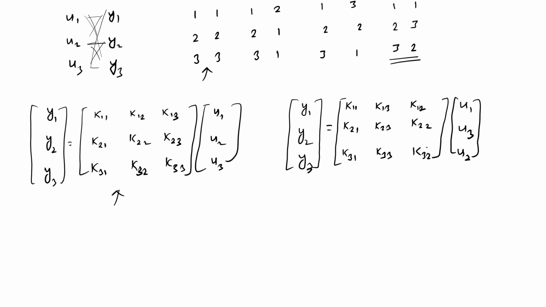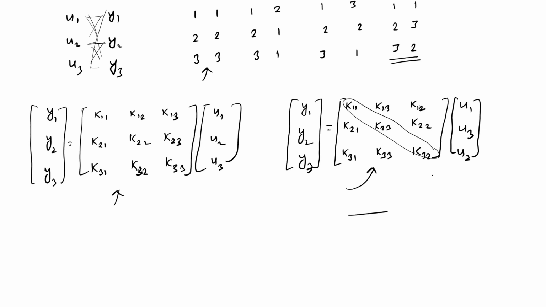Now the Niederlinsky index would be the determinant of this matrix divided by the product of the diagonal terms, which is k11, k23, k32. Because we have exchanged a column, the determinant will flip a sign. And what will happen to the product of the terms?